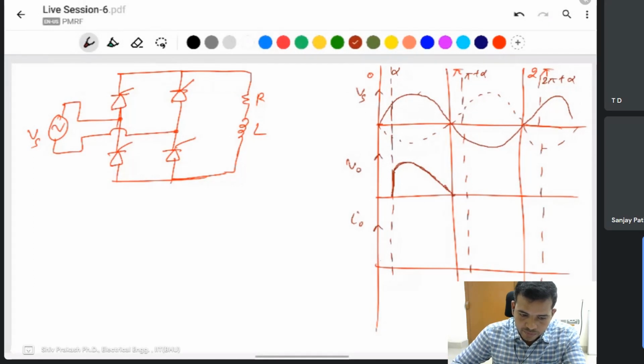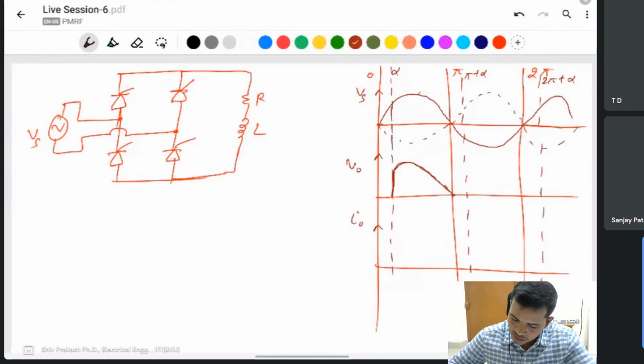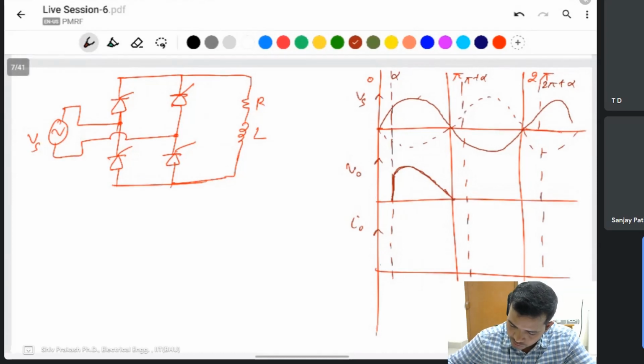Inductor current will be expressed like Vm sin omega t plus some transient effect. It is not purely sinusoidal. There will be some transient effect also. Then you will start from here.